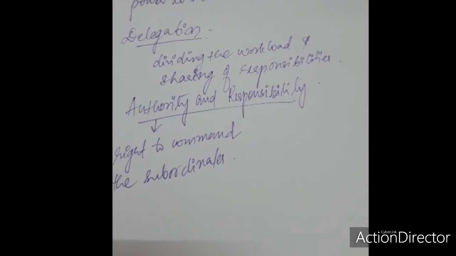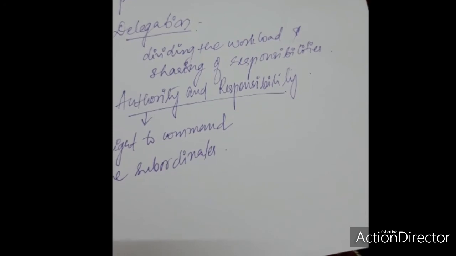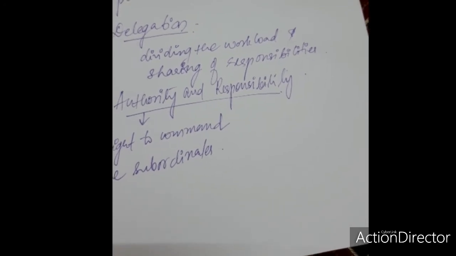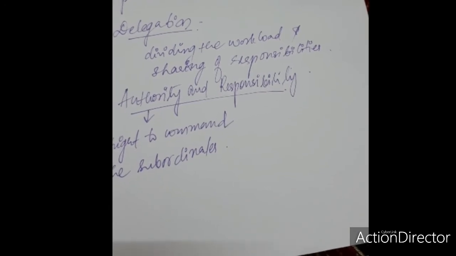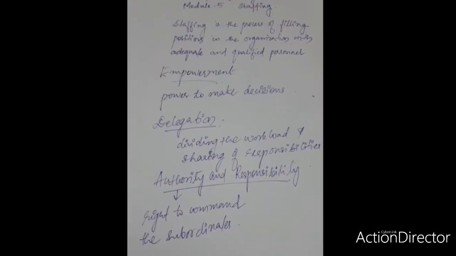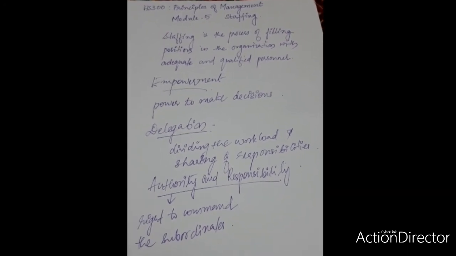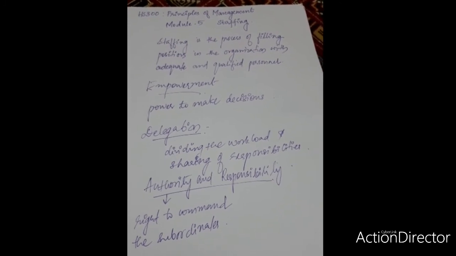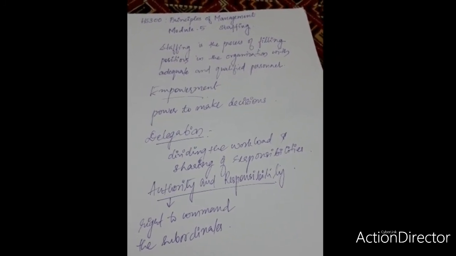The right to command subordinates is authority, while the obligation of the employees and the manager is responsibility. So hope you are clear with these terms. Empowerment is the power to make decisions without asking the superior's permission.